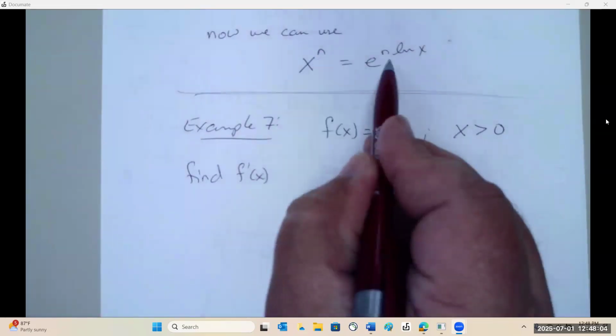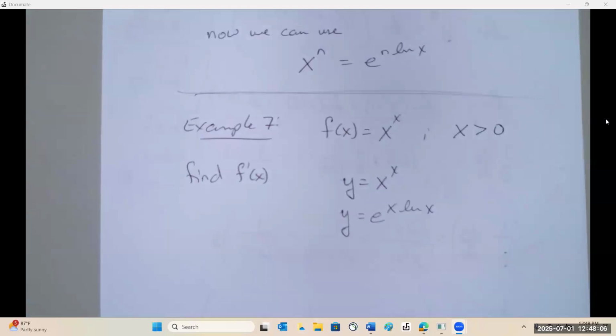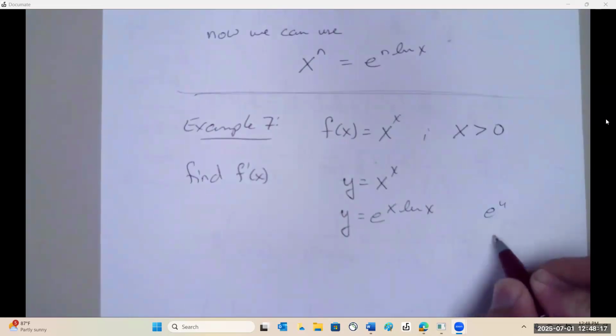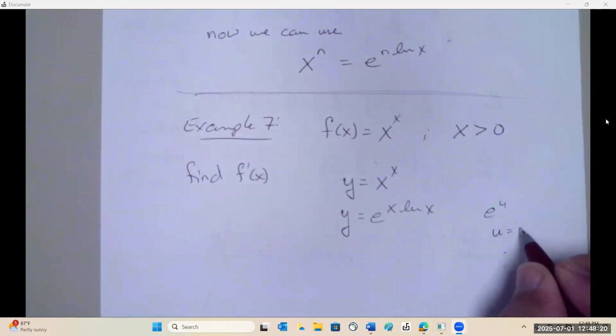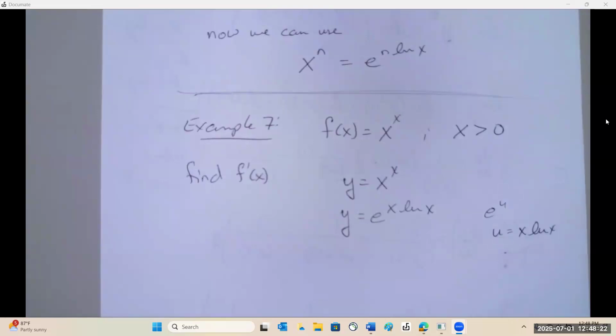In place of n, I put an x. So here I have e to the u, where u is x ln x.